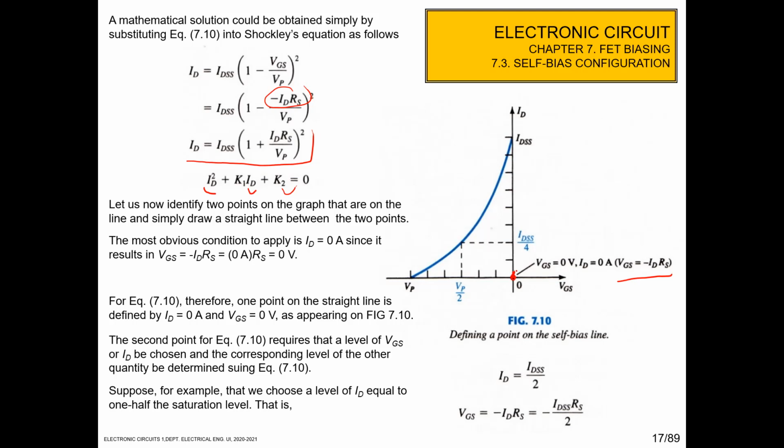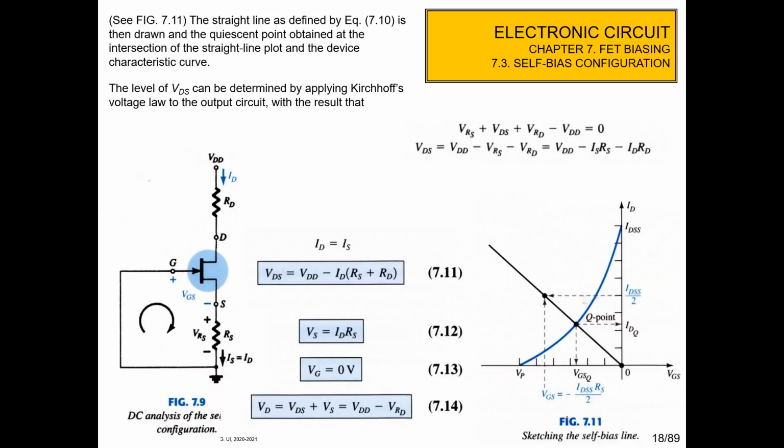And then another point is we can put ID equal to IDSS, and then VGS is minus IDRS, so VGS is minus IDSS RS per 2. Okay.